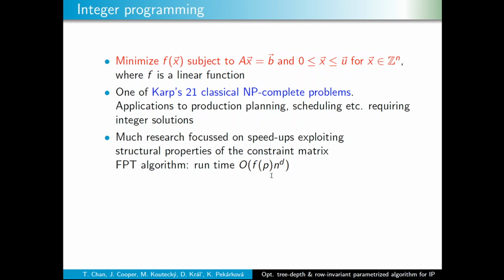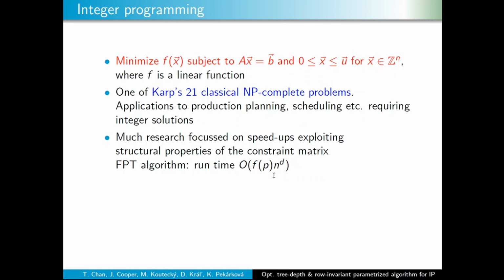It needs to be polynomial in the size n of its input, but it can be multiplied by a function of some parameter p. And this function can be essentially anything you like. It can be exponential, anything you want. But the important thing is that it's independent of the size of the input. And to reinforce something I said earlier, when you fix a value of p, notice that you get something that is polynomial in the input. And of course, you can have multiple parameters. It doesn't need to be parameterized by a single parameter.